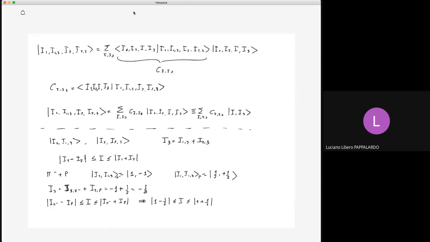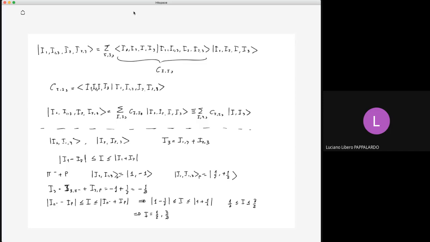So overall, we obtained something like 1/2 ≤ I ≤ 3/2. Okay? So overall, we have indeed the two possibilities. The total isospin can be either 1/2 or 3/2. Both values are in principle possible, okay?